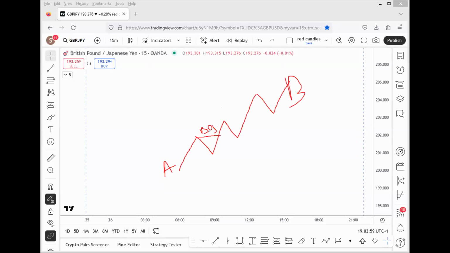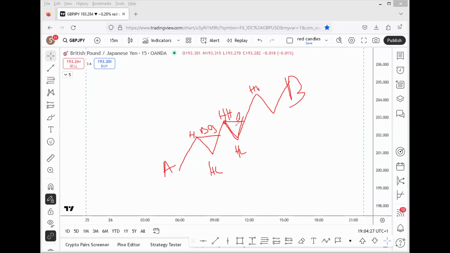This place is a high, this is a higher low, this is a higher high. Then it repeats itself, and you have another higher low there, and then a higher high, which caused a break of structure there.